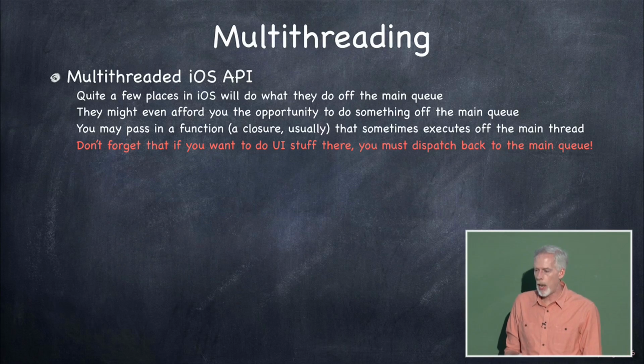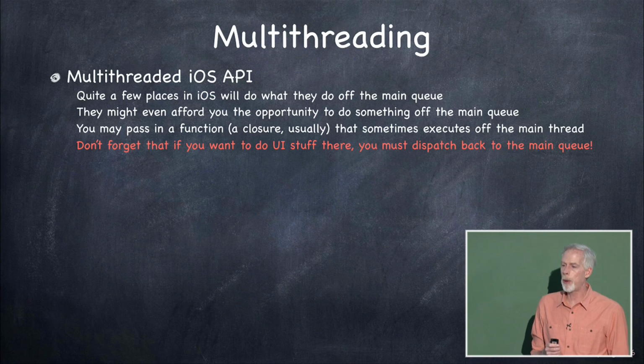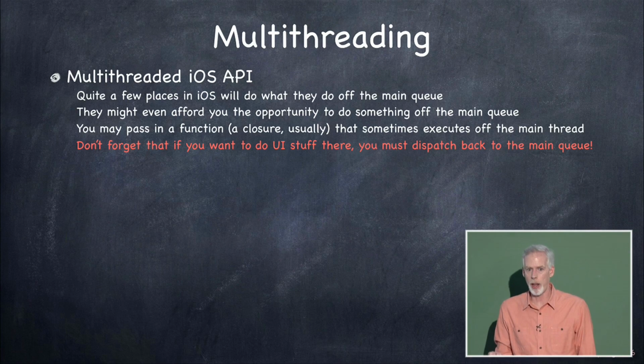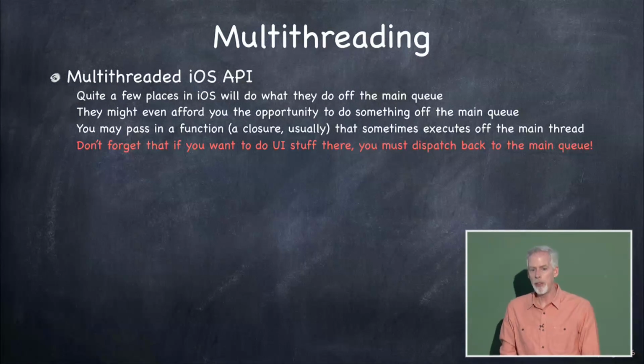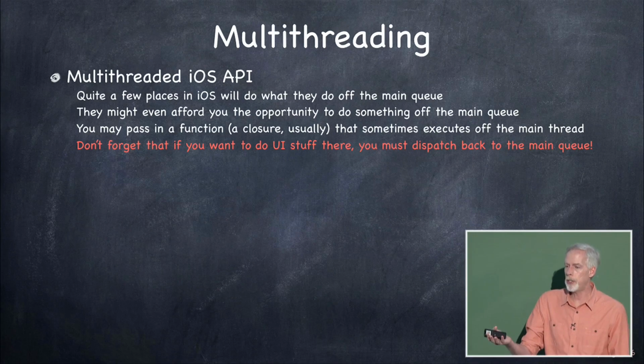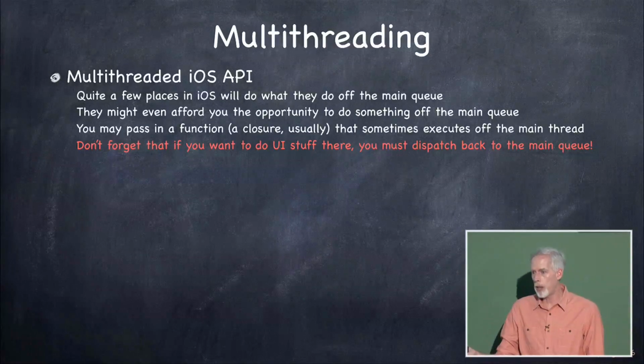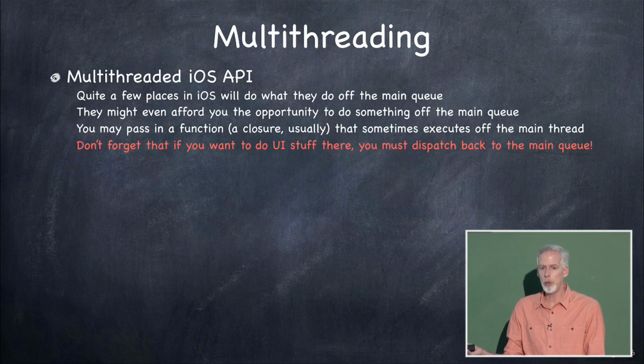Now, in addition to dispatch underbar, you have to understand multithreading from the perspective of how iOS's API uses it. Because there are plenty of methods all throughout iOS that do what they do asynchronously using threads. The way you see this in the API is that one of the arguments to these methods is a closure that you provide.